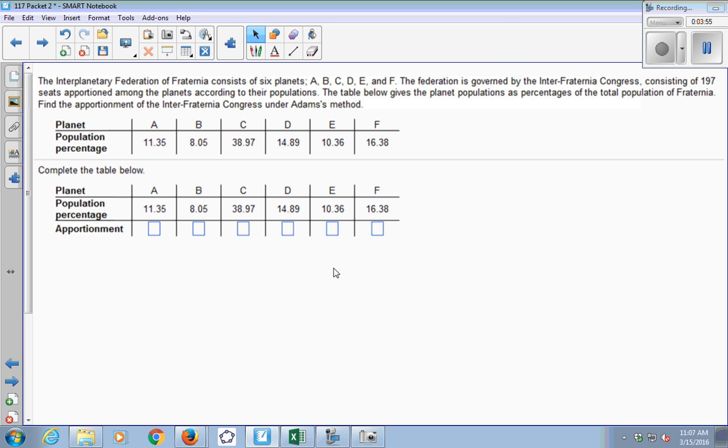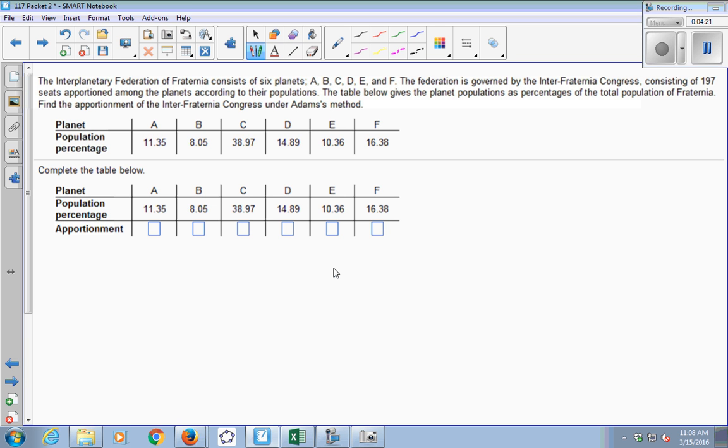So this is percentages. One of the easiest ways to deal with percentages is to pretend they're not percentages and just assume that there are 100 people who live in Fraternia, right? If there are 100 people who live in Fraternia, 11.35 of them live on planet A. And you have to suspend disbelief a little bit because you can't have 0.35 of a person, which is weird.